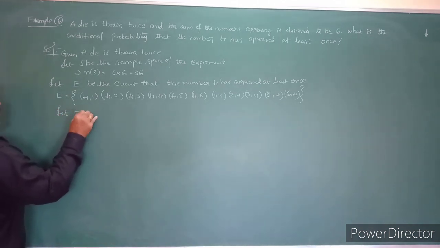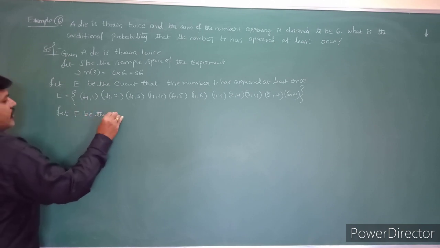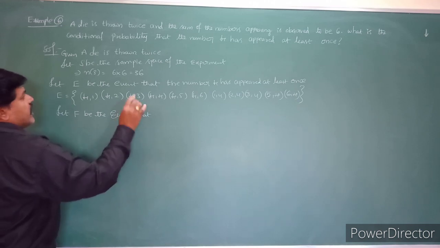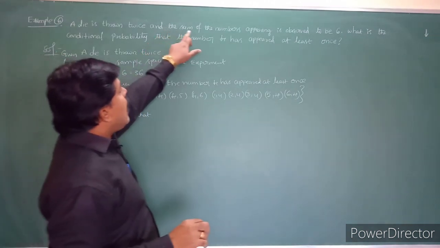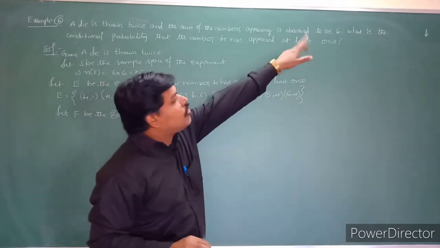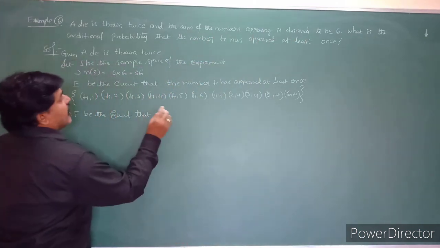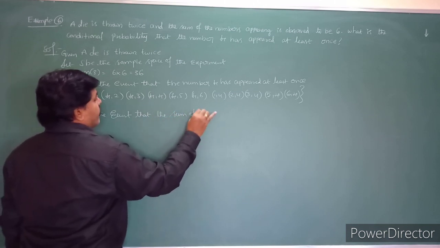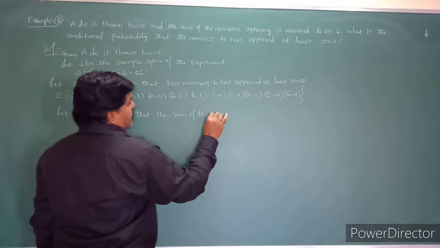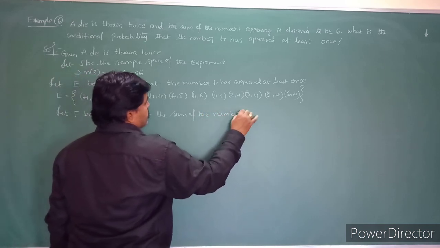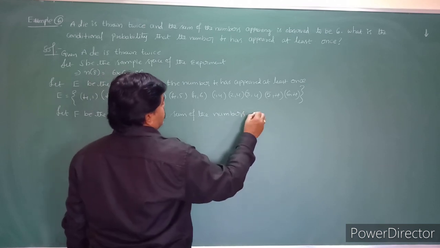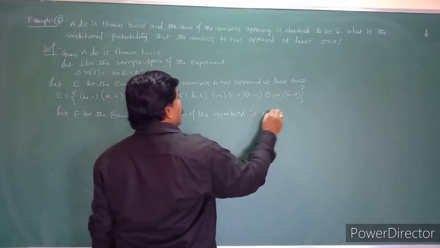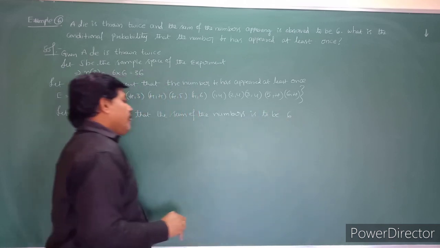Okay, so let F be the event. What is F? F is nothing but the sum of the numbers appearing is observed to be 6. So F is the event that the sum of the numbers is 6.